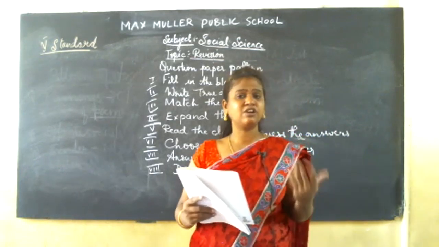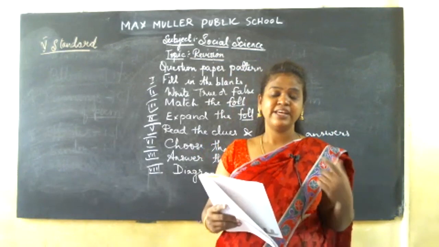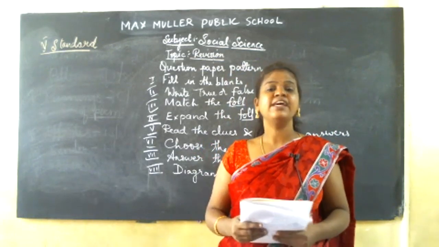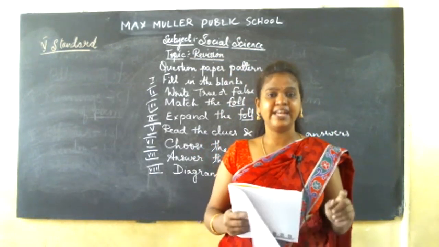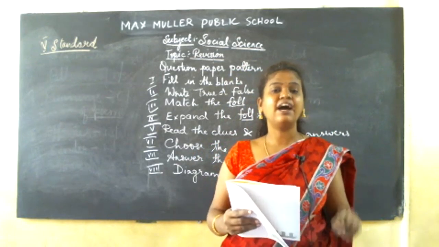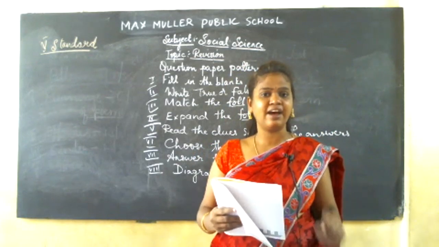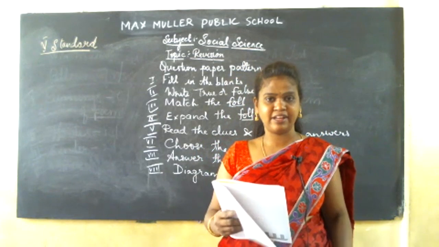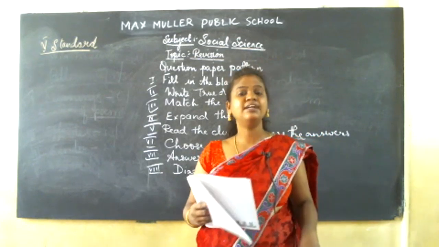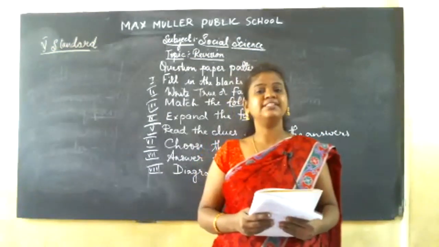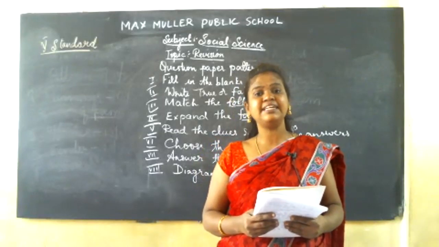So now let us sort out the spellings of the continents. The spelling of Asia will be A-S-I-A, Asia. Next, Africa, A-F-R-I-C-A, Africa. The third continent, Antarctica, A-N-T-A-R-T-I-C-A.